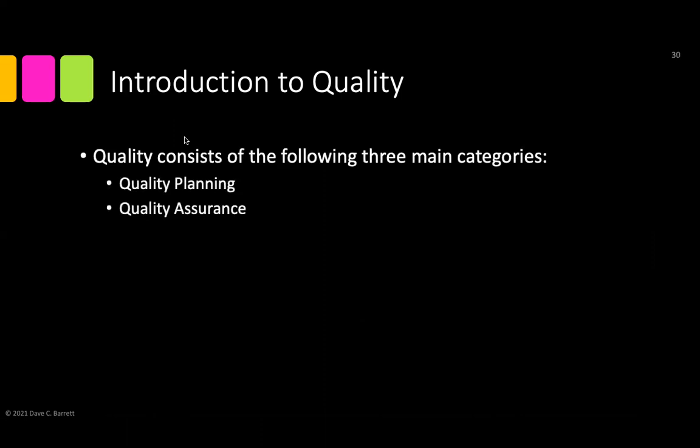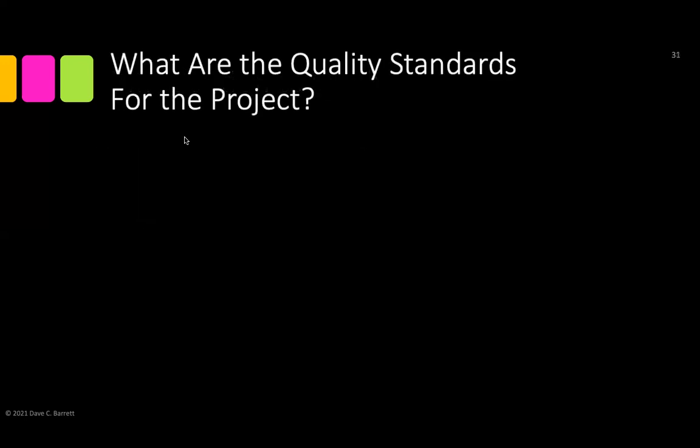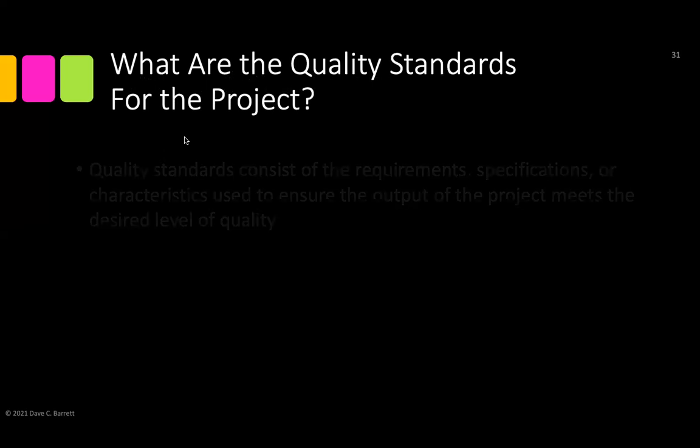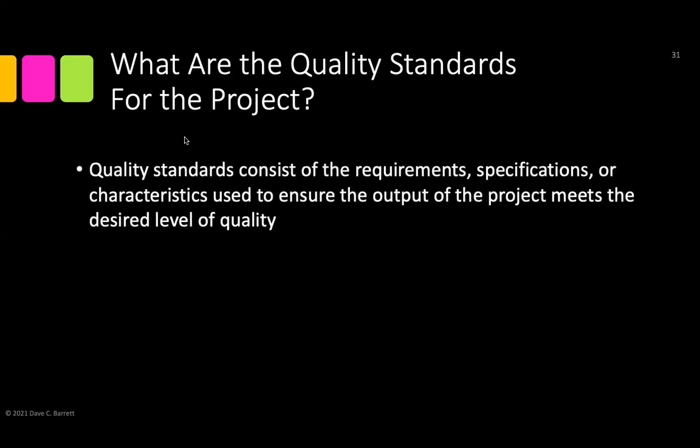So when we do quality planning, we have quality assurance, and we have quality control after that. Right? Now, if we talk about quality standards for the project, we can have many. For example, it consists of requirements, specifications, or characteristics used to ensure the output of the project meets the desired level of quality.